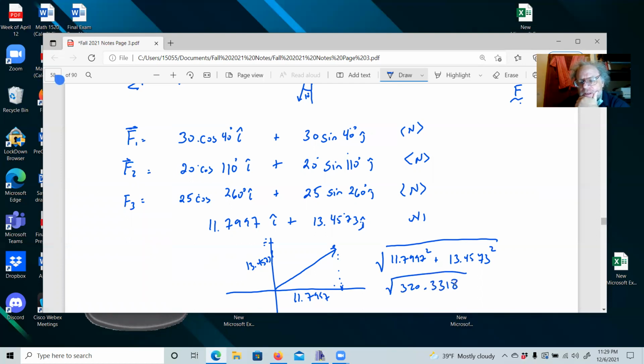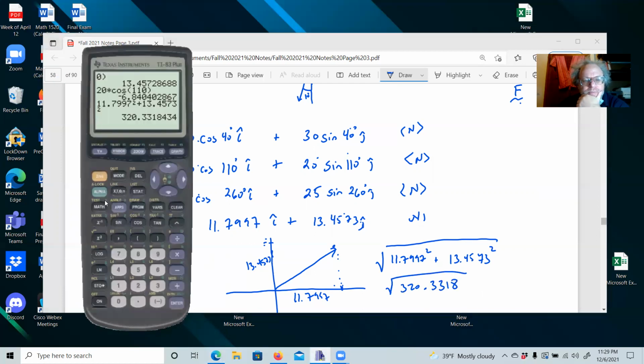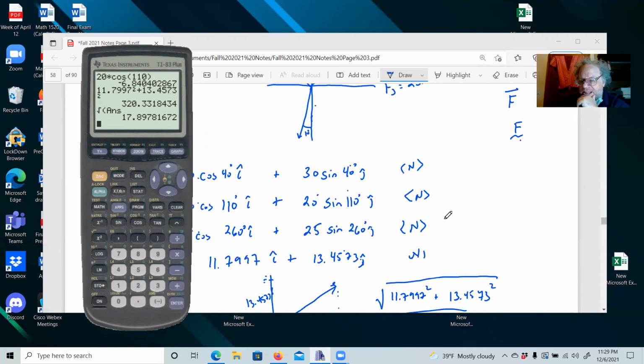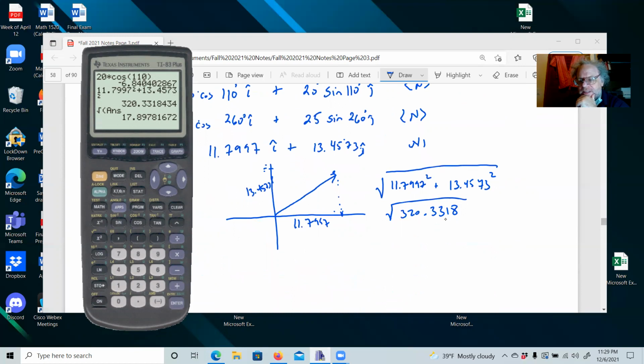And we're just going to take that square root. All right, done. 17 point, how many decimal places do we have at the beginning of this? We had none. So let's go ahead and say 17.9 here for the answer.